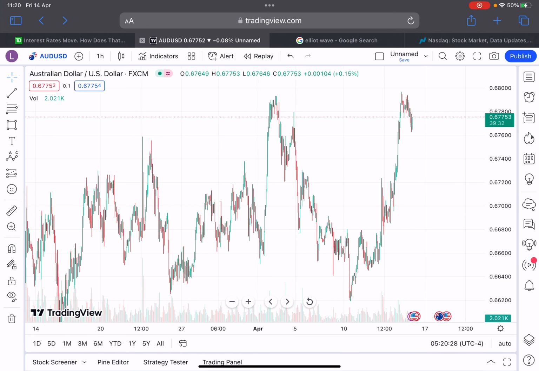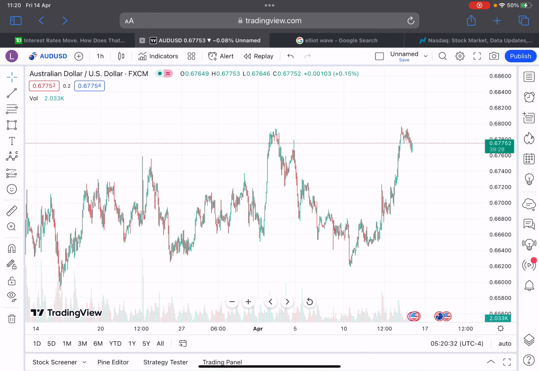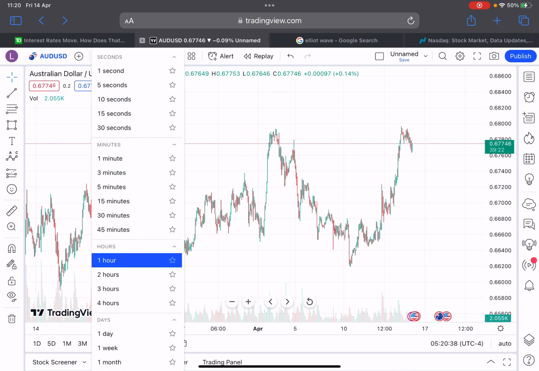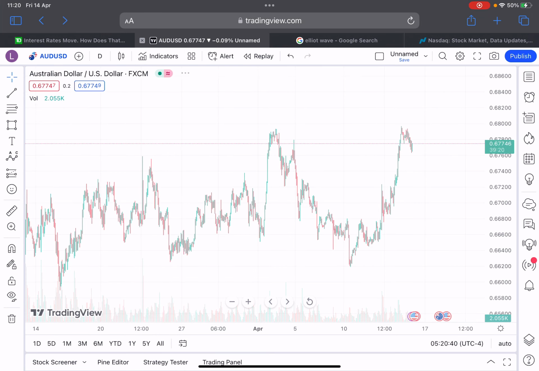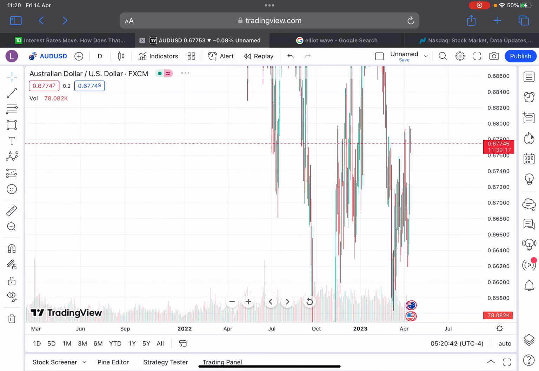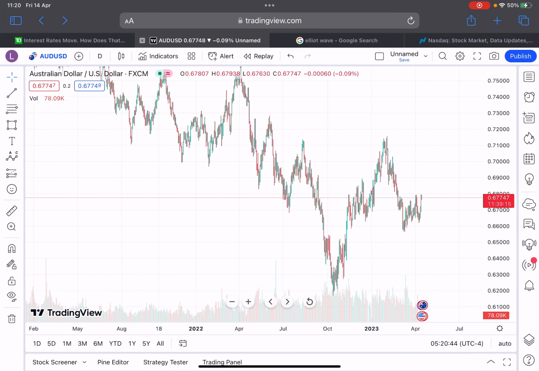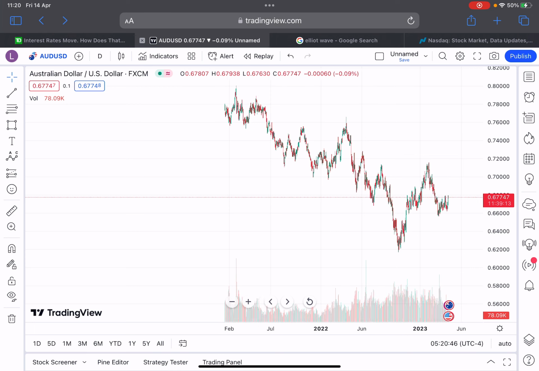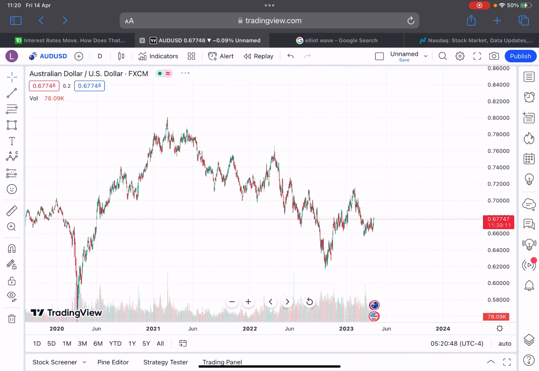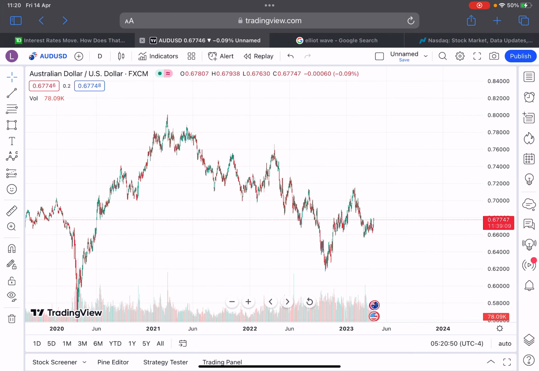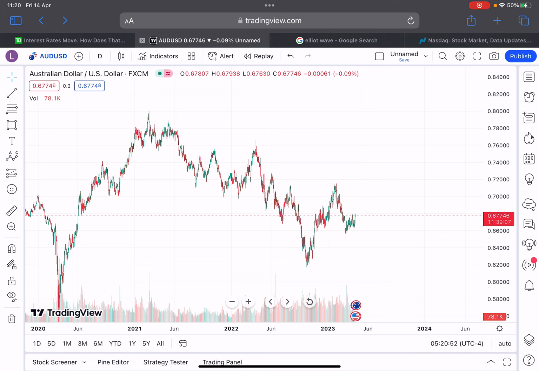So first thing first that you have to do before you even start looking for entries and stuff, you will go to your day one time frame from the chart and zoom out everything. You will do that because you want to highlight your supports and your resistance.